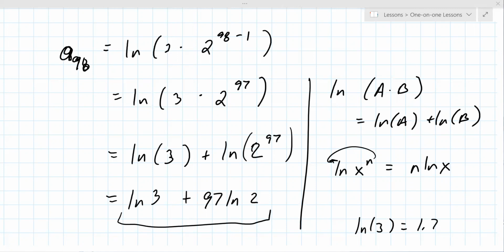Okay, so on the 9.5 notes, which, yep, I got them up now.